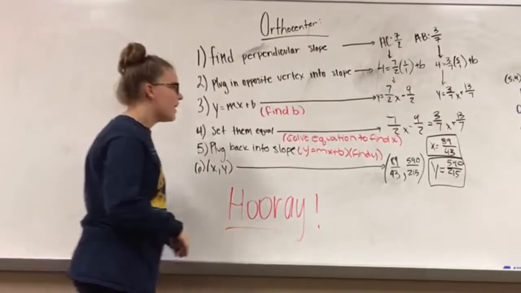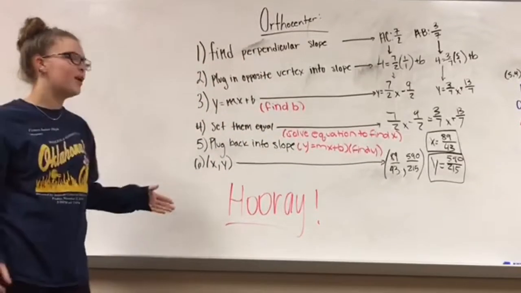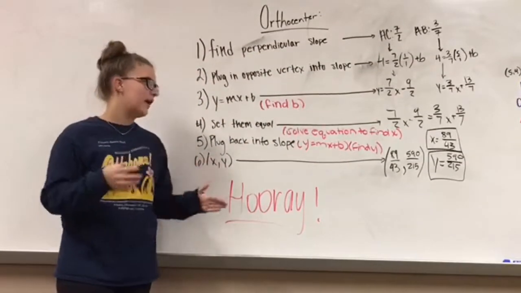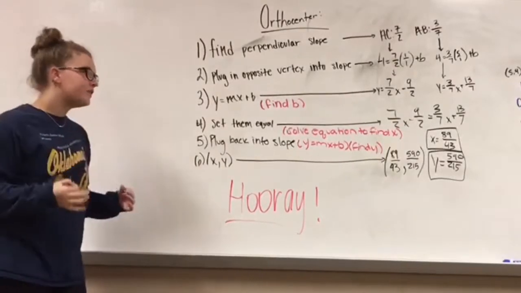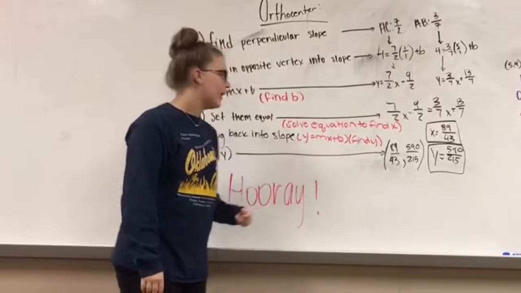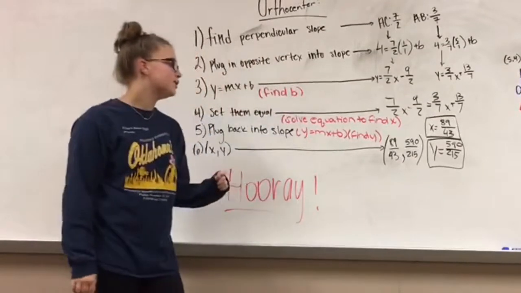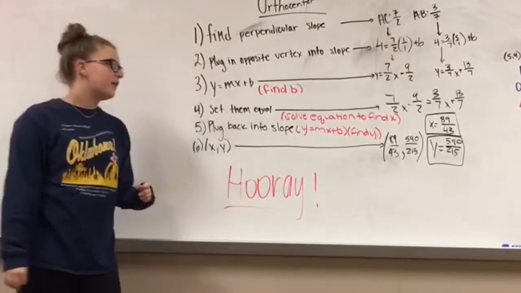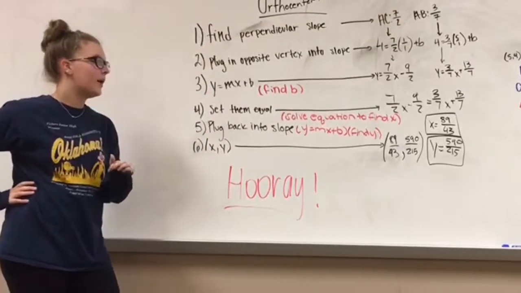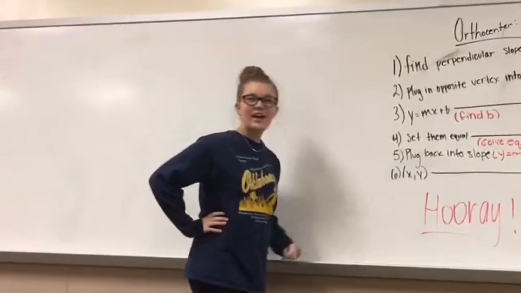It's very important. We got x to equal 89/43. Then you plug x back into y equals mx plus b to find y. Y is important as well. Don't lose that because it is vital to your coordinate. We got y to equal 590/215, for a coordinate of 89/43, comma 590/215. There's your point. Hooray, you did it.